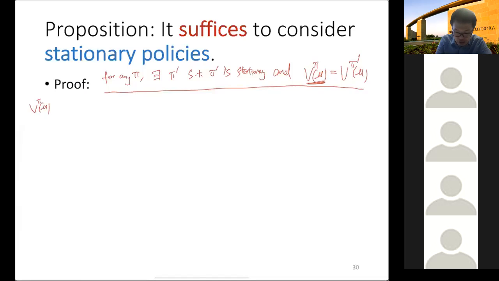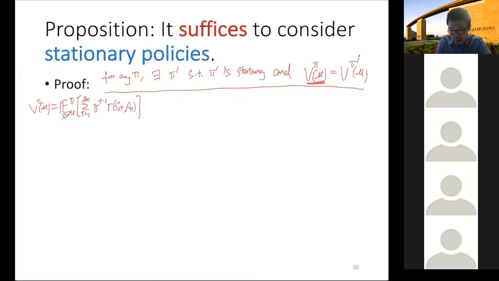To prove this, first let's try understanding what this quantity really looks like by applying its definition. S1 is sampled from the initial state distribution mu, and all the actions are taken according to policy pi. By the definition of the value function, I'm getting the sum of gamma to the T minus 1 times R of S_T and A_T.